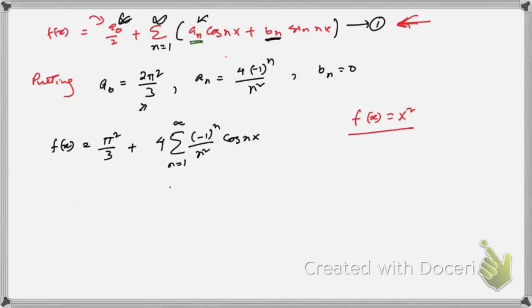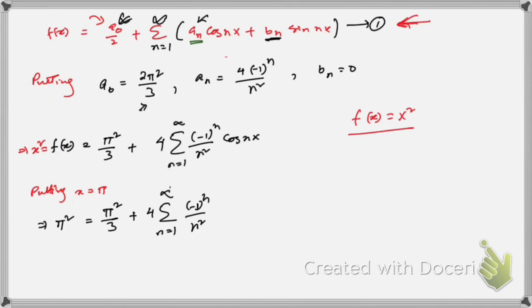So if you put x is equal to pi, right? As we have taken f of x is equal to x square, then the left hand side will be pi square, and on the other side you will get pi square by 3 plus 4 summation n is equal to 1 up to infinity minus 1 to the power n by n square, and cos n pi, as x is replaced by pi.